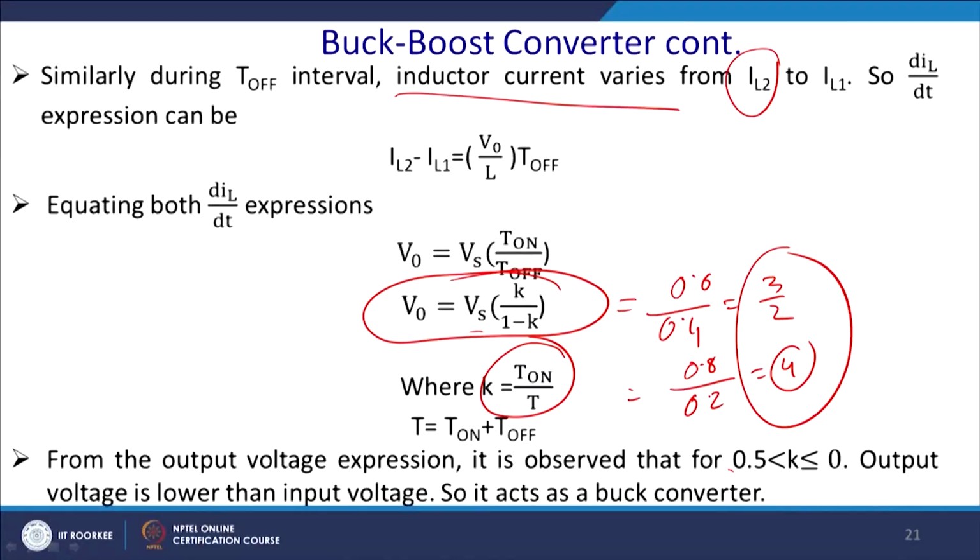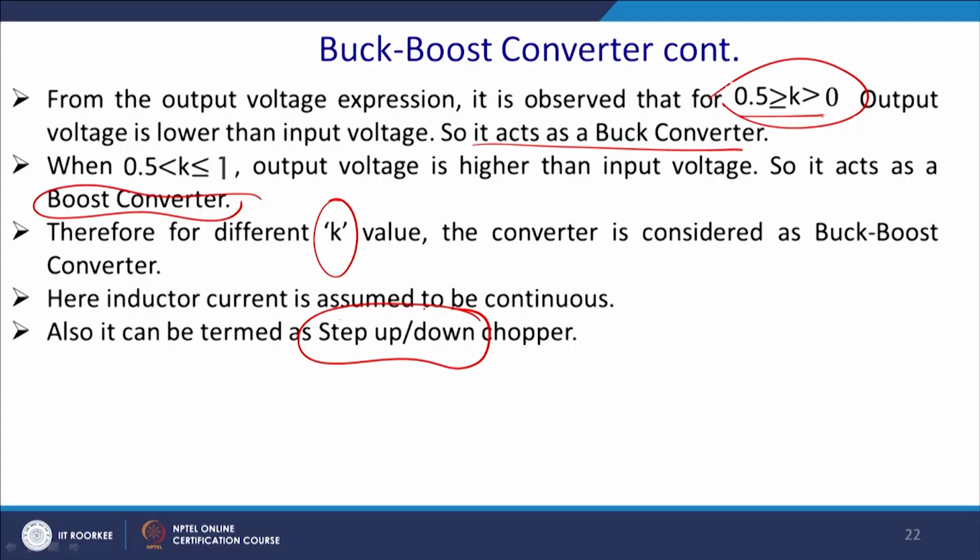So, from the output voltage expression, it can be observed that if the value of k is from 0.5 to 0, the output voltage is lower than the input voltage. So, it will act as a buck converter. Similarly, for k more than 0.5 up to 1, it will be used as a boost converter.